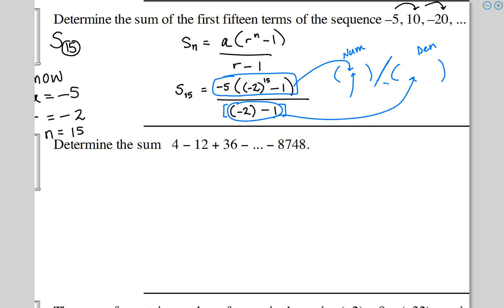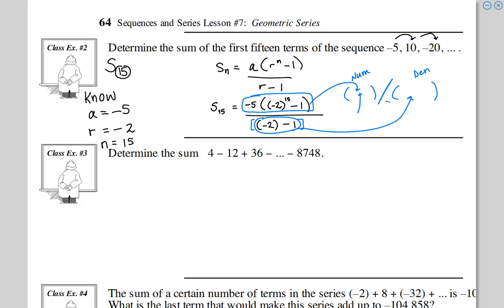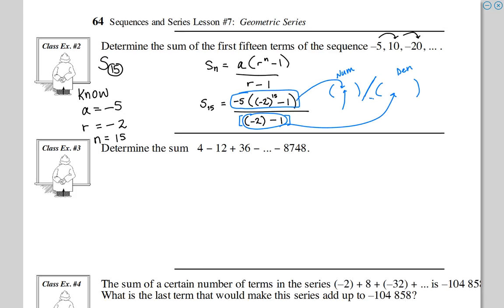All right, let's go to the next one. Let's contrast the first example to the next example. Okay? So what's the difference between 3 and 2 here? Okay, so we have the last term. We have the last term here, but there we don't, right?